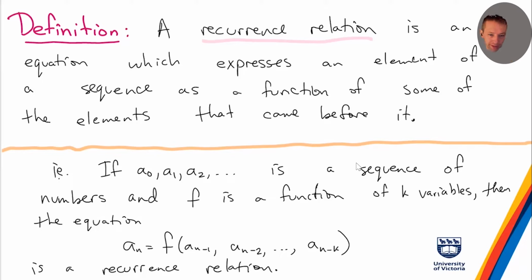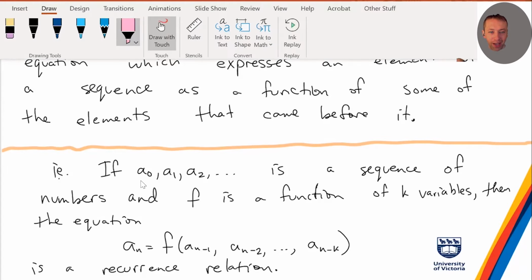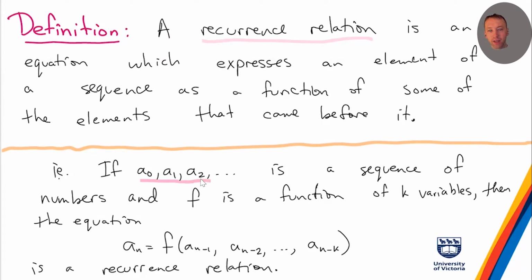So formally speaking, imagine we have a sequence A0, A1, A2, A3, A4, etc. It's a sequence of numbers, and f is a function. And if I have an equation where an is equal to f applied to an minus 1, an minus 2, down to an minus k, this is something that we call a recurrence relation.